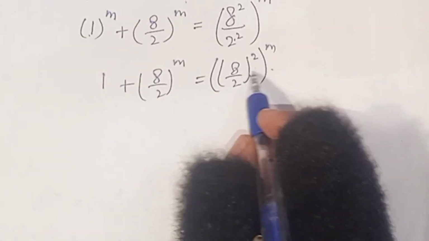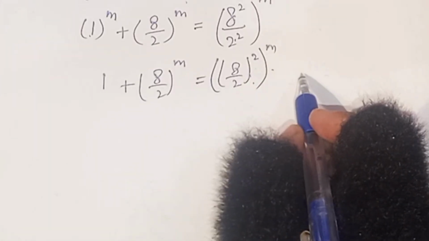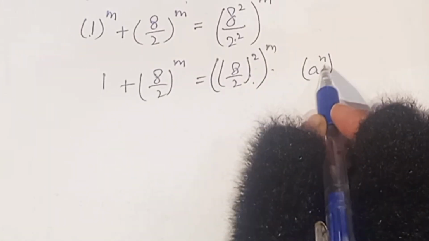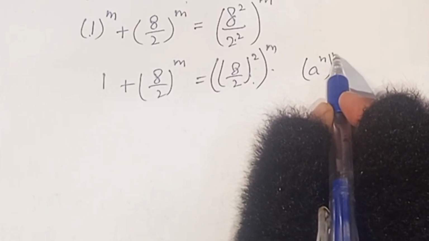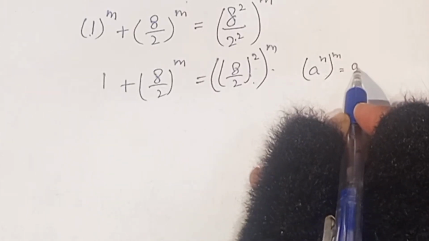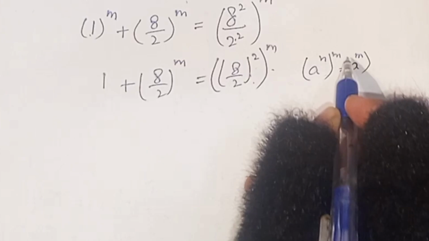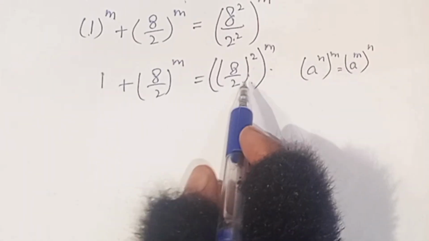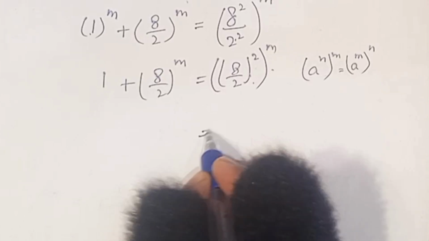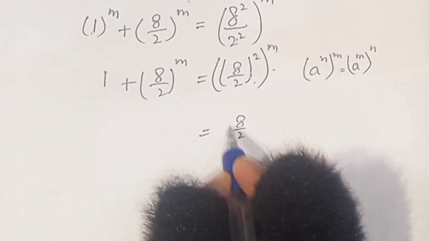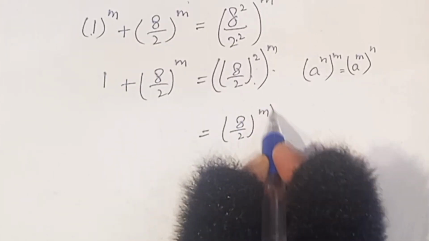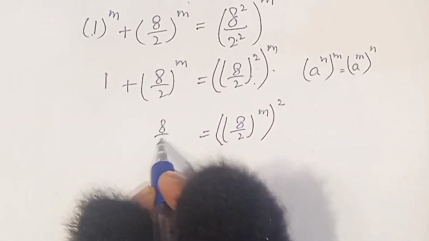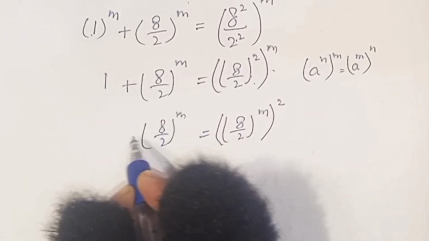Now here we apply the exponent rule, and we know that (a raised to the power n) raised to the power m is equal to a raised to the power m times n. So apply this identity on this term. So this will become 8 over 2 raised to the power m times 2. It's equal to 8 over 2 raised to the power m plus 1.